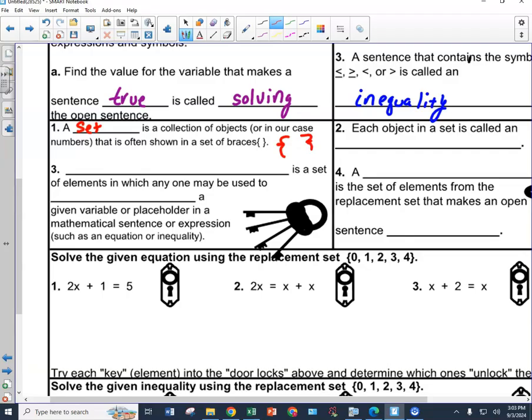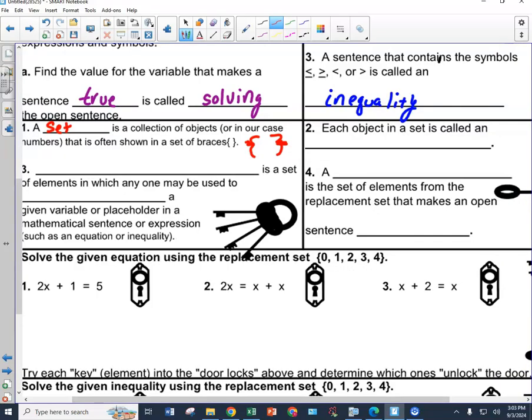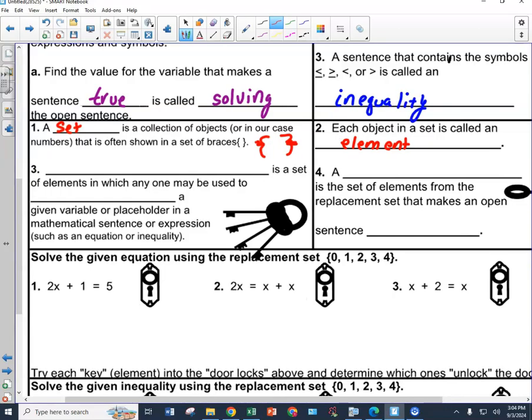They look like this. Each object in a set is called an element. So those are like the individual numbers within the set.